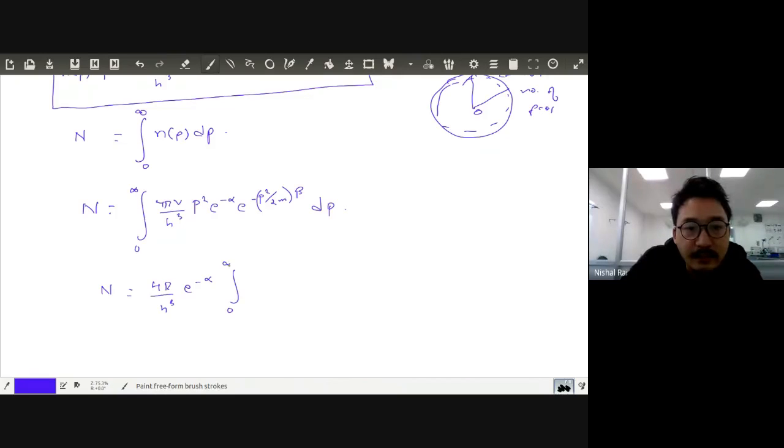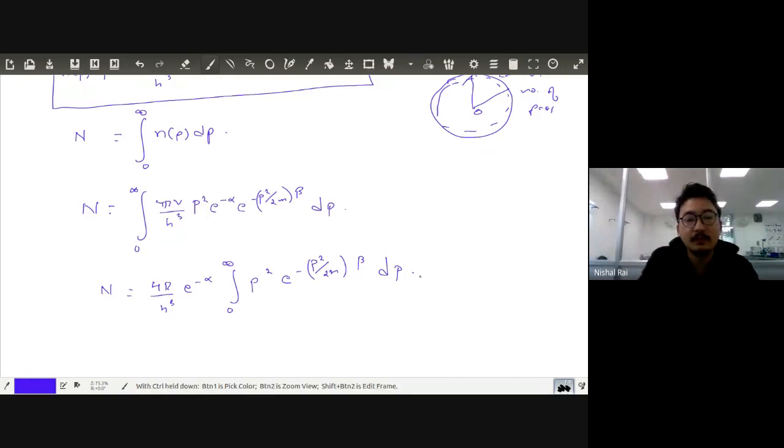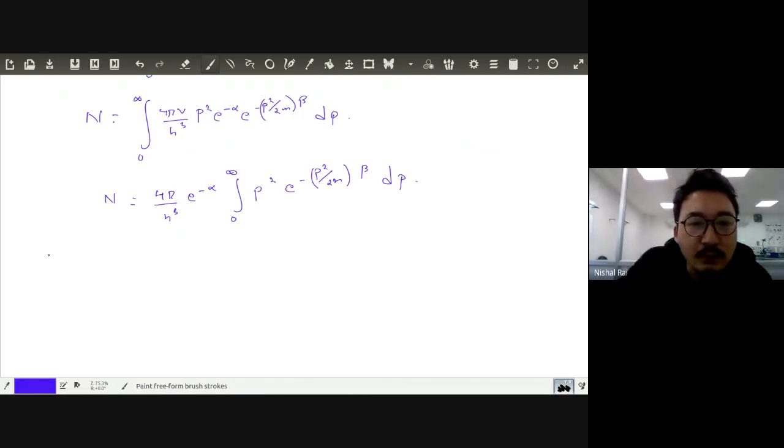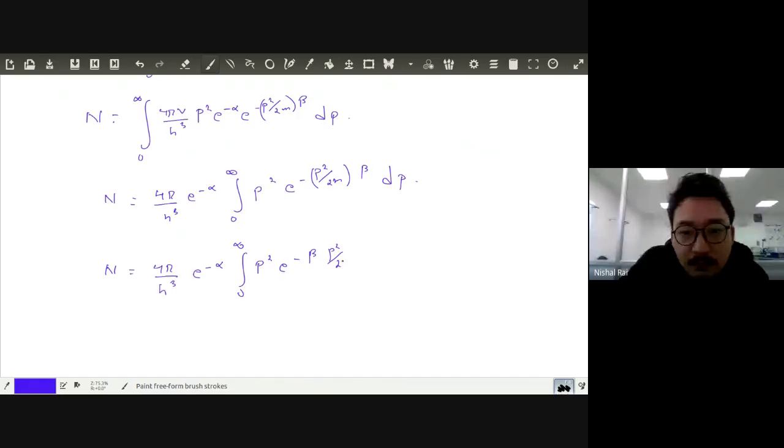So it will be integration from 0 to infinity of p square e to the power negative beta p square divided by 2m into dp. Or we can rewrite this in this form: 4 pi V by h cube e to the power negative alpha, integral 0 to infinity p square e to the power negative beta p square divided by 2m into dp.